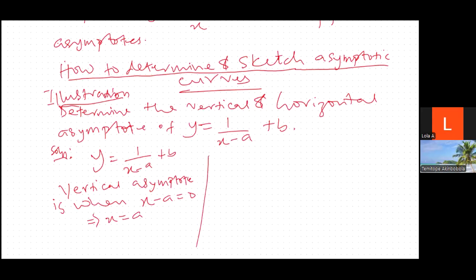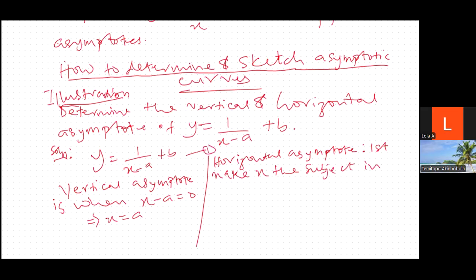Now, horizontal asymptote. You first make x the subject in, let me call this equation 1.